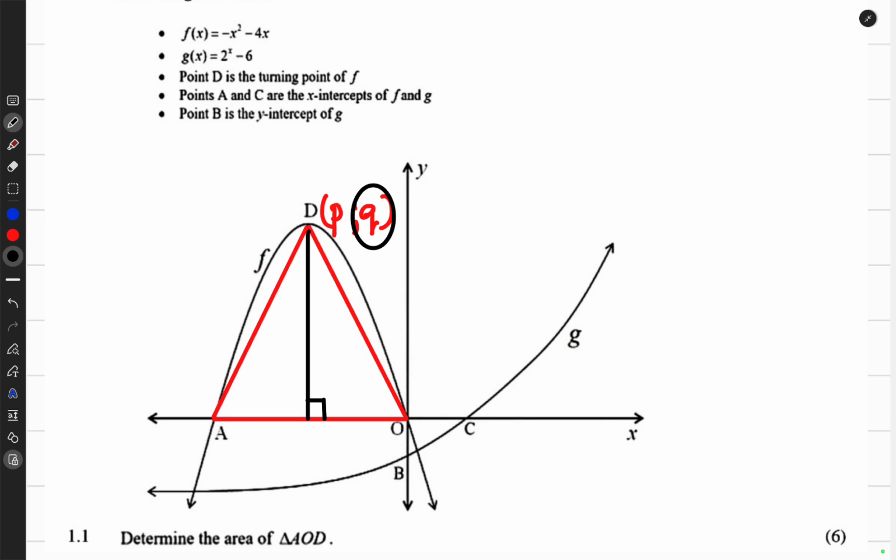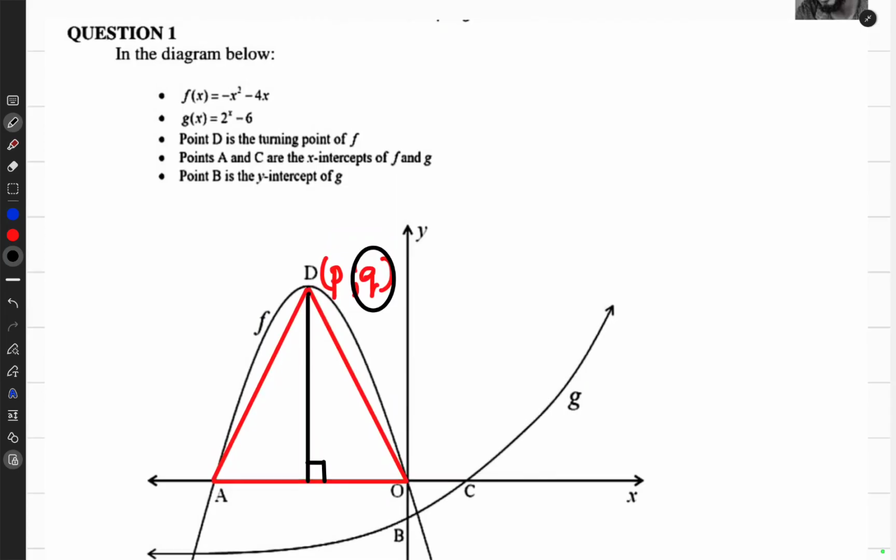So in grade 11, I'm going to show this one. In grade 11, you're going to use f of x to find P and Q. You say x equals negative b over 2a.